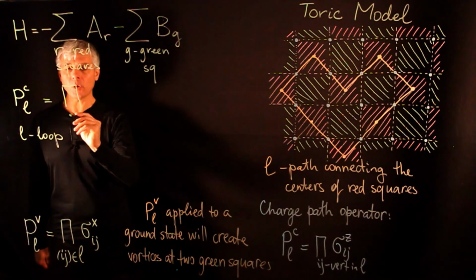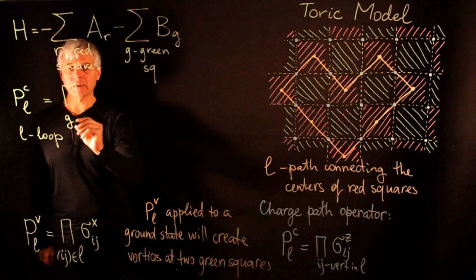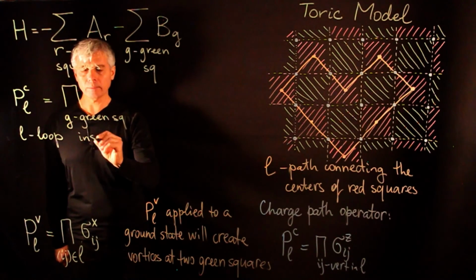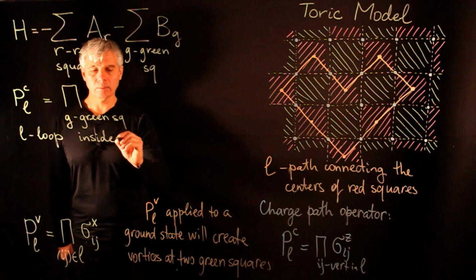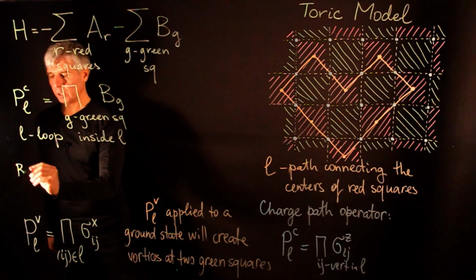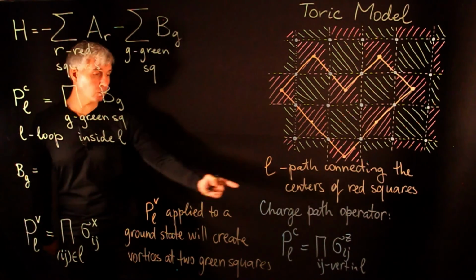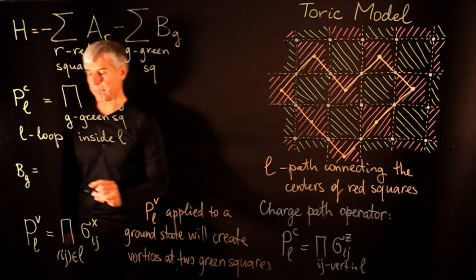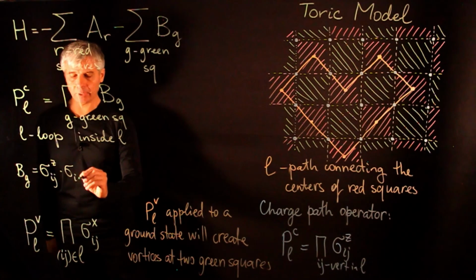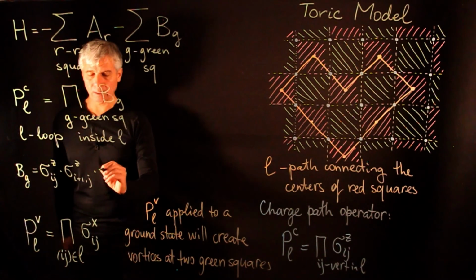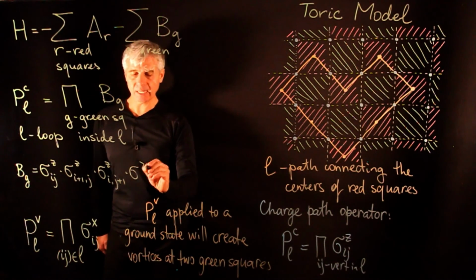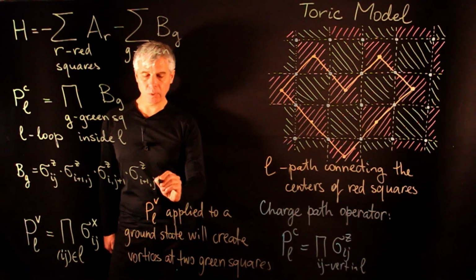So it's a product over green squares inside the loop of operators BG. So recall that BG operator is a product of sigma z matrices, just as the path operator. So it's sigma z ij times sigma z i+1 j times sigma z i j+1 times sigma z i+1 j+1.